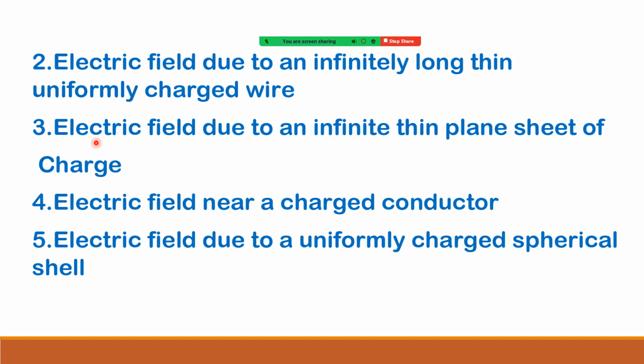See the third one, electric field due to an infinite thin plane sheet of charge. Next we are going to do it near a charged conductor, and next one, a uniformly charged spherical shell.